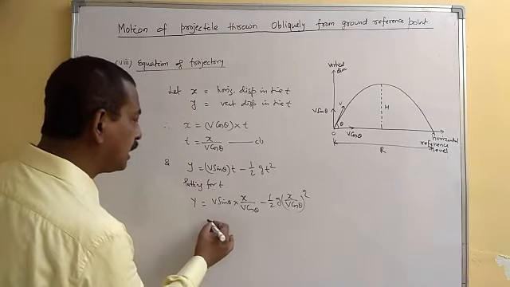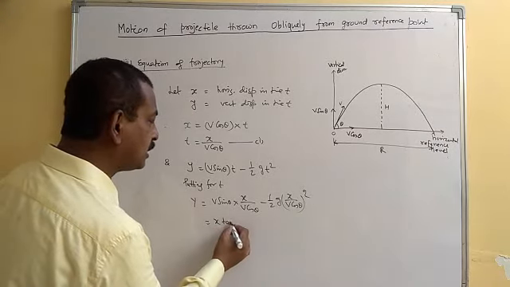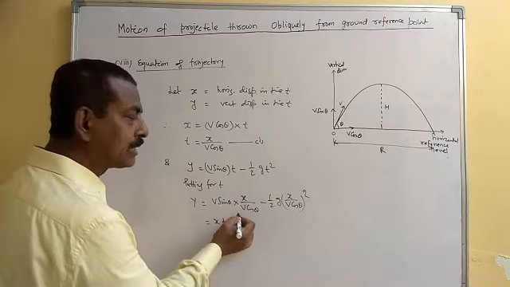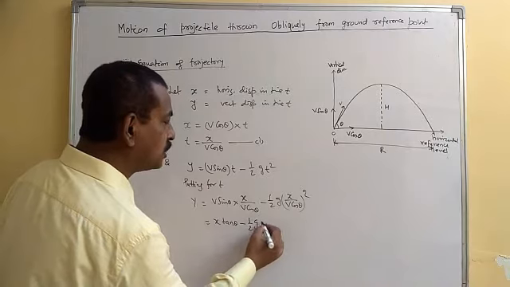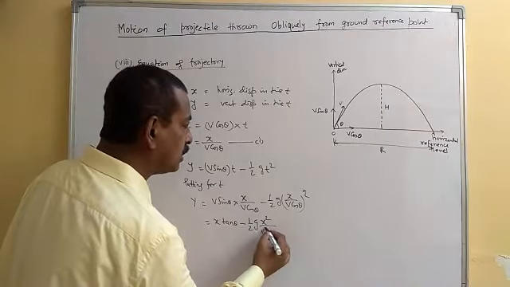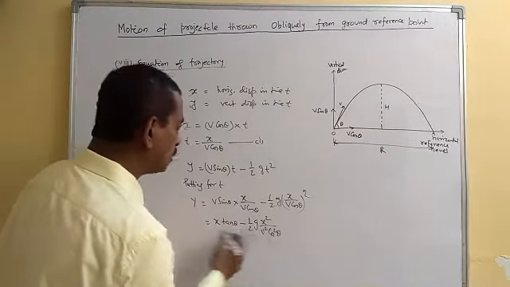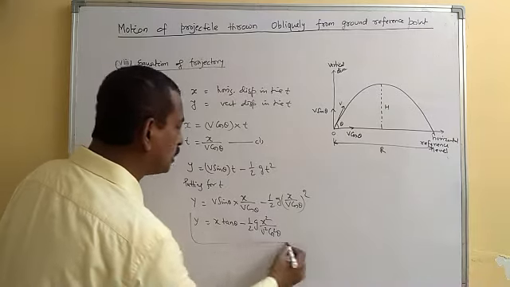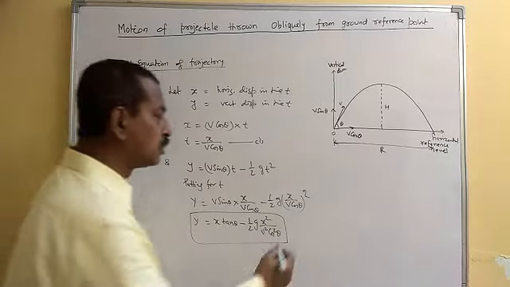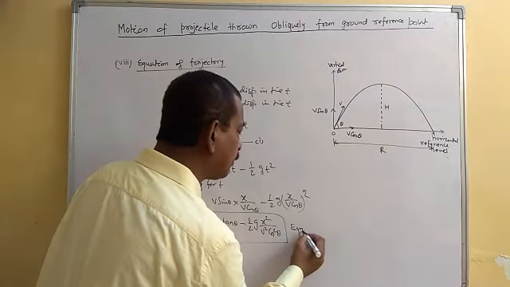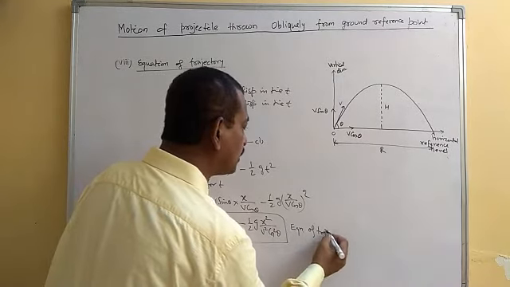That can be written as x tan theta, because v will get cancelled, so it will be x tan theta minus half g x square by v square cos square theta. This is the equation of trajectory.